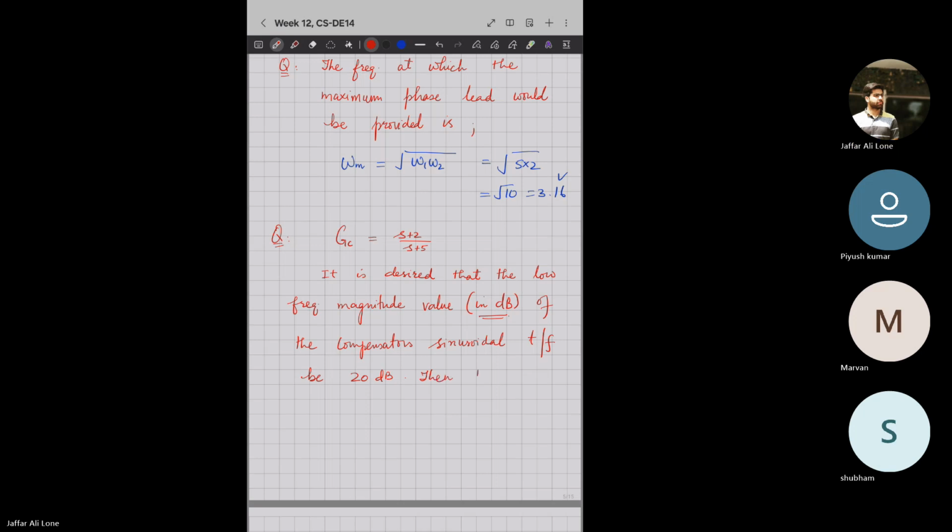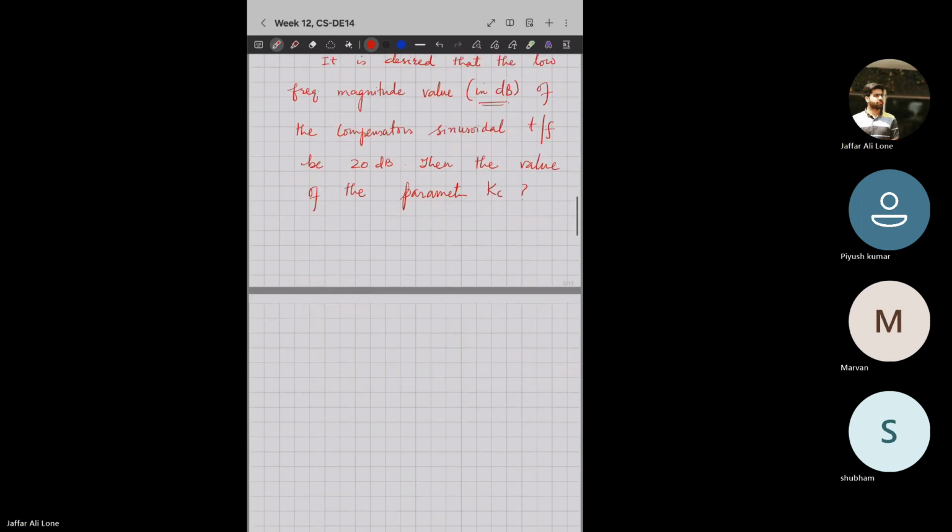What is Kc? I'll tell you. See, it's a good question. We had this transfer function Gc, which is s plus 2 divided by s plus 5.